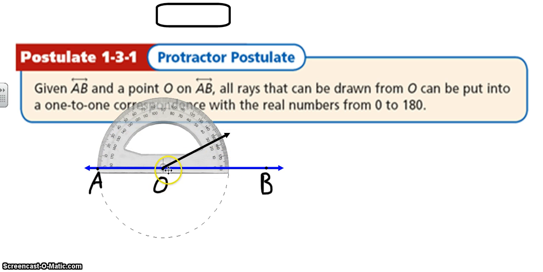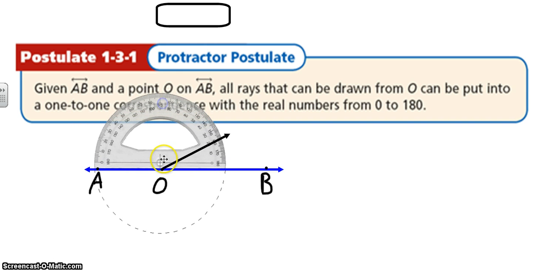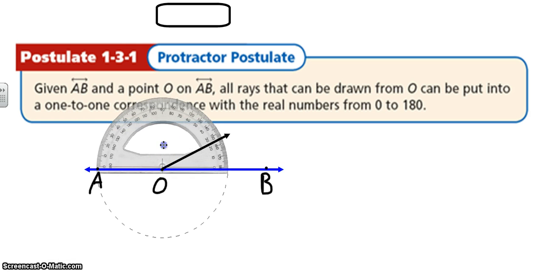So let's see, oh, I'm moving the wrong thing. I'm trying to move the protractor. Let's see if I can do it this way. There we go. So I put the center of that, this crossbar here, right there, and I could measure the angle from, let's say we make a point out here that's T or something like that.